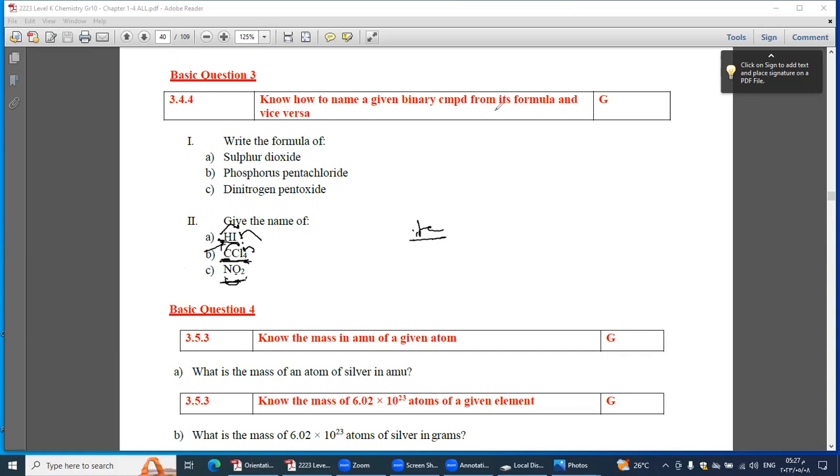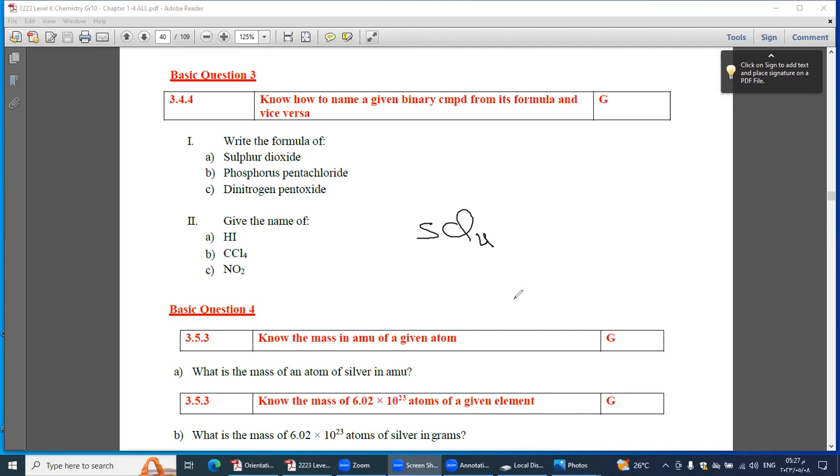Okay, what is the name of SCl4? Sulfur tetrachloride.